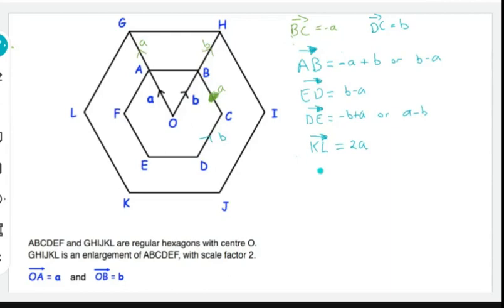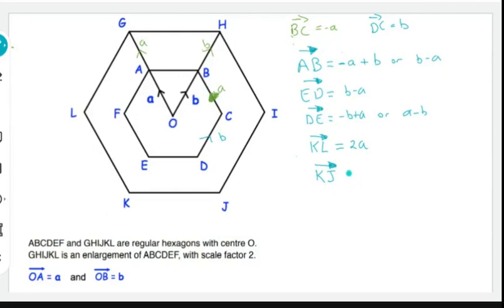Cool. Okay, since you got excited by doing that one, let's do K to J because you had some good ideas there. So what's KJ? I said 2B minus 2A.